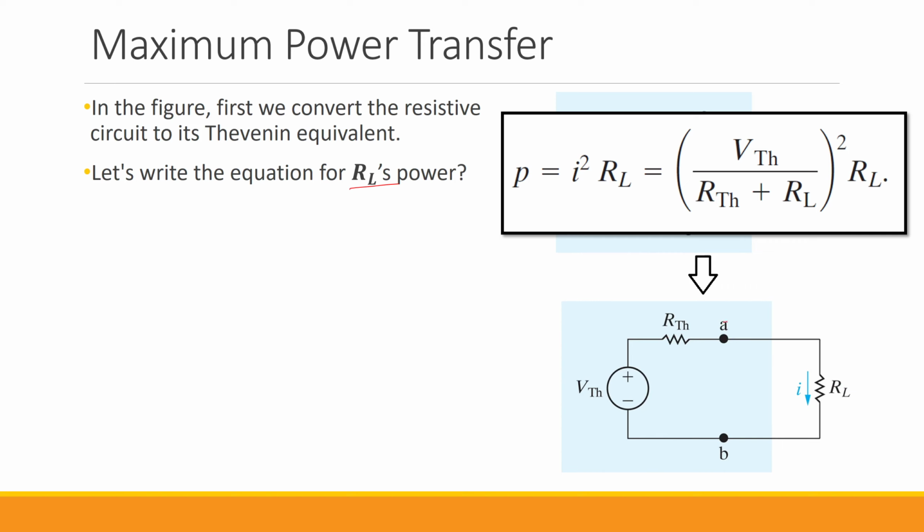The current that goes through this circuit is calculated by Ohm's law: the voltage across the circuit divided by the whole amount of resistance in the circuit. Since these two are in series, the total resistance is RTH plus RL. So this VTH over RTH plus RL creates the current. We square it and then we multiply it by RL.